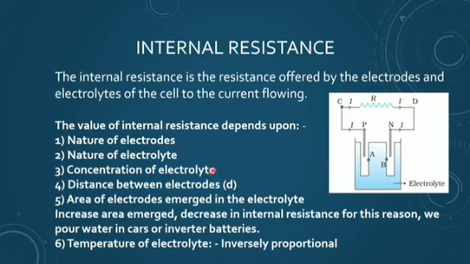So if I change the concentration of ammonium chloride in the Leclanche cell, what will happen? I can measure the internal resistance by the potentiometer, which we will be discussing in the next class. Or you can devise another method to find the internal resistance.